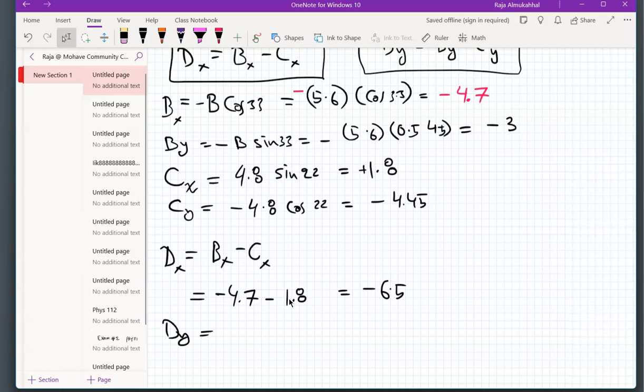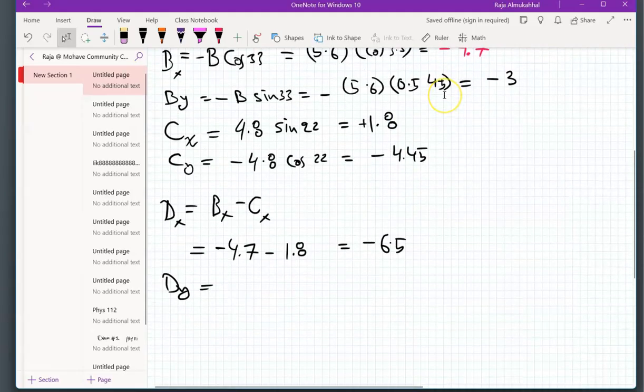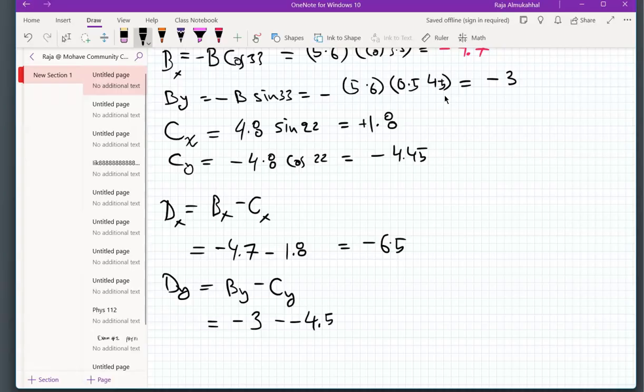Now d sub y is right there. B sub y minus c sub y, both are negative in this case. So we have b sub y minus c sub y, and then I will have -3 minus 4.45 actually, 4.5, and when we calculate that, you'll end up with 1.45 for d sub y.